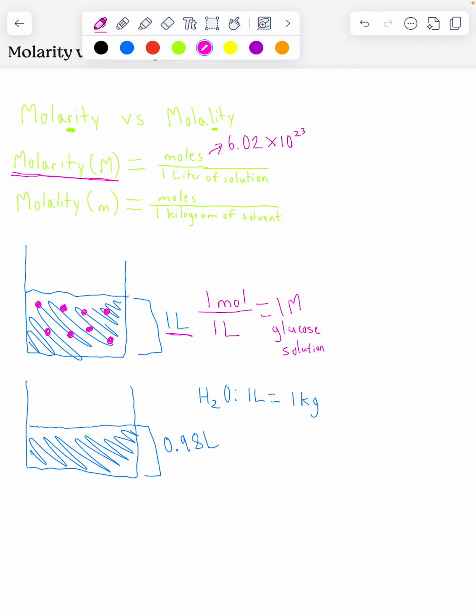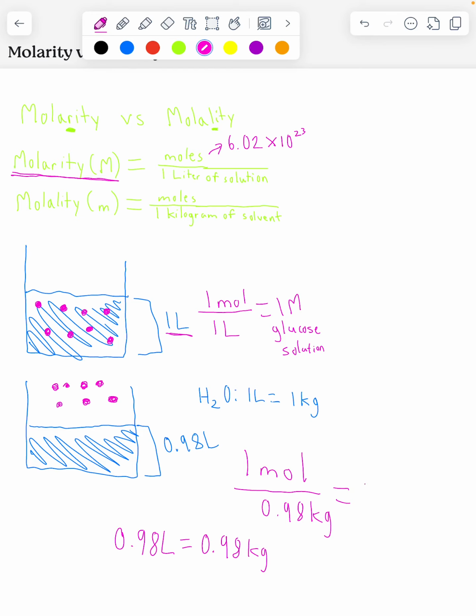Okay, so we have how many moles? Well, we know I had 6.02 times 10 to the 23rd molecules of glucose that I took out. So we're going to imagine they're all kind of just floating above here. They're not on the water, they're just taken out. So if we have that many glucose molecules, we have 1 mole of glucose over how many kilograms of solvent? Well, if we have 0.98 liters, that means we also have 0.98 kilograms of water. So we have 0.98 kilograms.